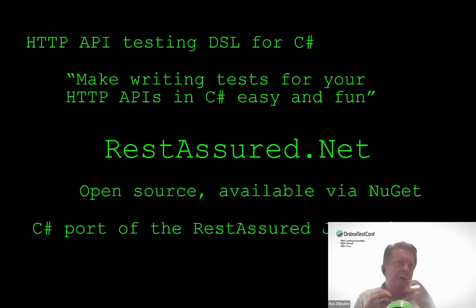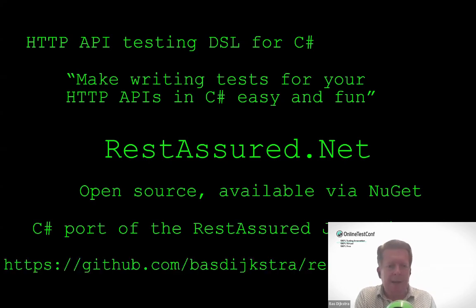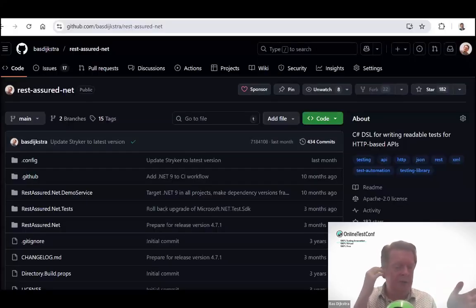So all the features and the functions and the methods that you recognize and hopefully also like from Rest Assured in Java, you can find those in restassured.net as well. Of course, everything is open source on GitHub. So if you want to have a look at the code or the tests or whatever, you can just go to that webpage.